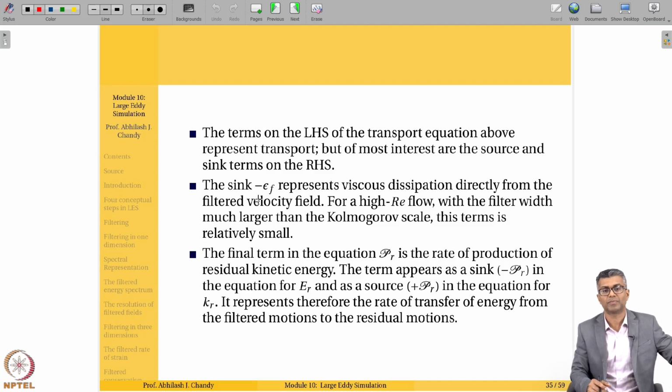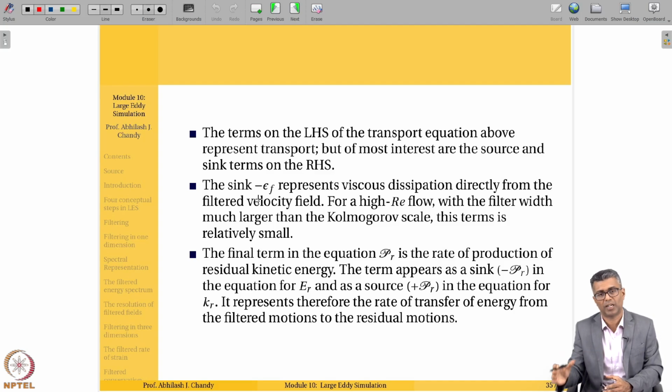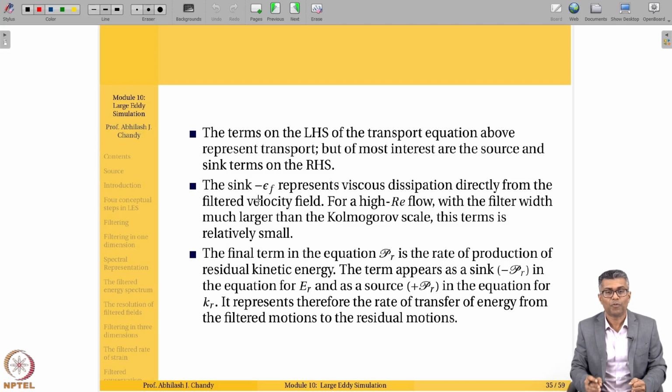Now think about it. We are choosing a filter width in the inertial subrange, which is much larger than the Kolmogorov scale. So how much will the dissipation be? We are talking about dissipation in the filtered velocity field. This filtered velocity field is associated with large scales.